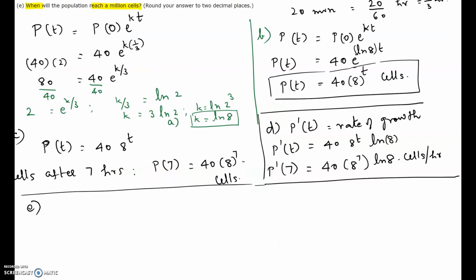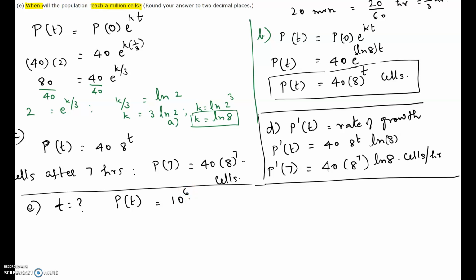Part E. When will the population reach 1,000,000 cells? So the question is when. So what is the time taken? How many hours later will the population reach 1,000,000? So P of t equal to 1,000,000. So 1,000,000 has 6 zeros. It's 10 to the power 6.